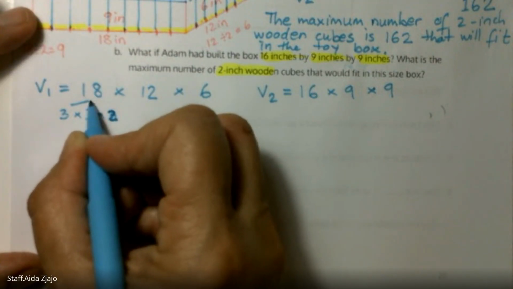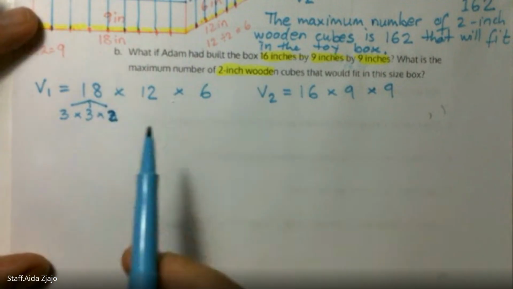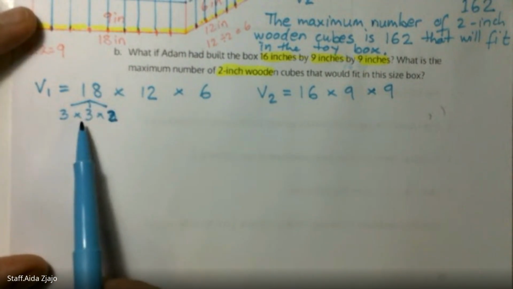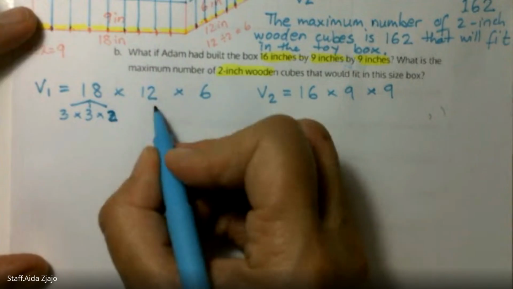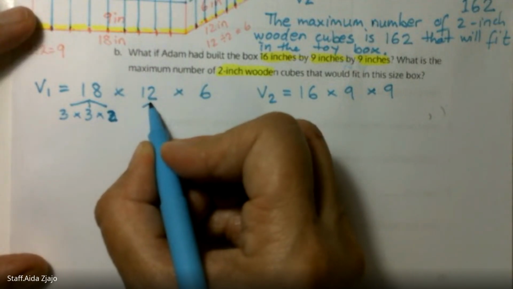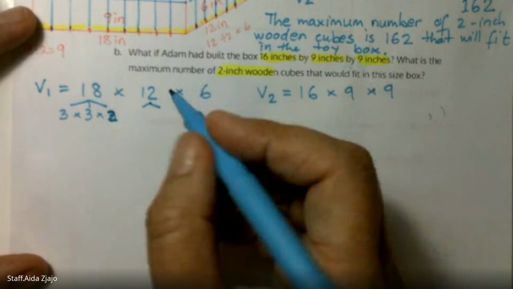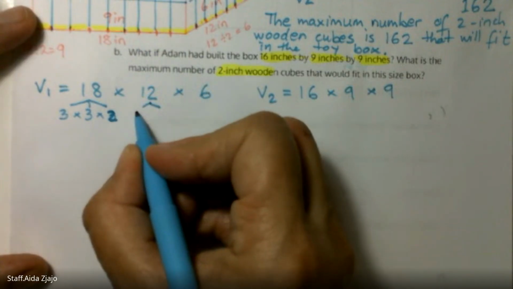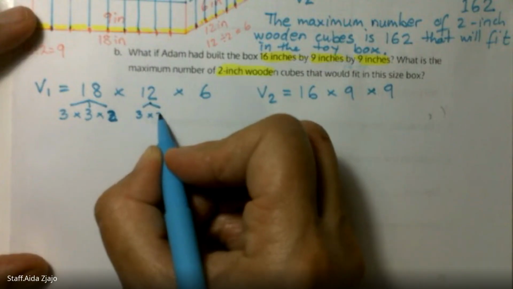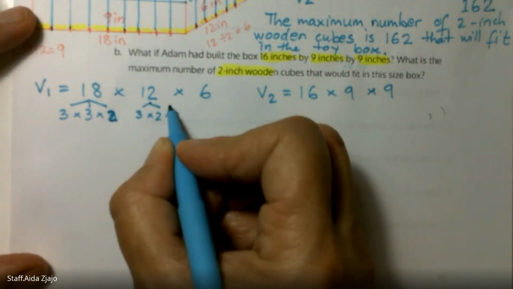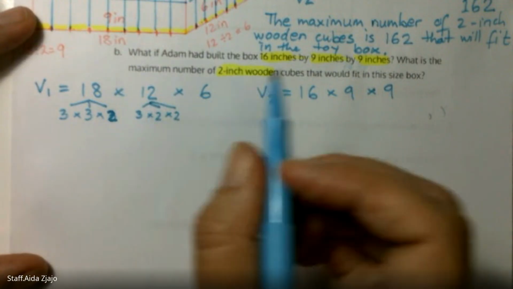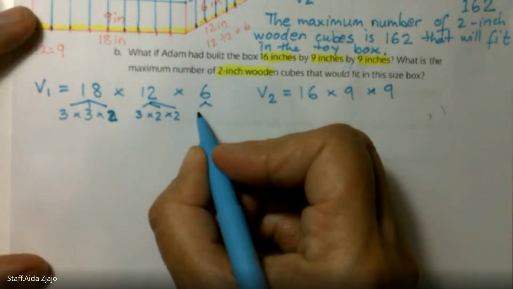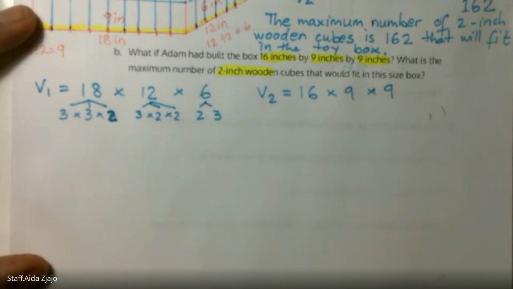So 18 is built of primes: 3 times 3 times 2. Let's do the 12. 12 is 3 times 2 is 6, and then times 2 again is 12. So 12 is 2 times 2 times 3.